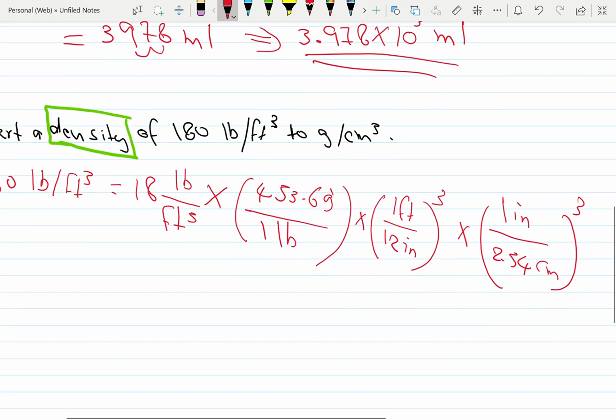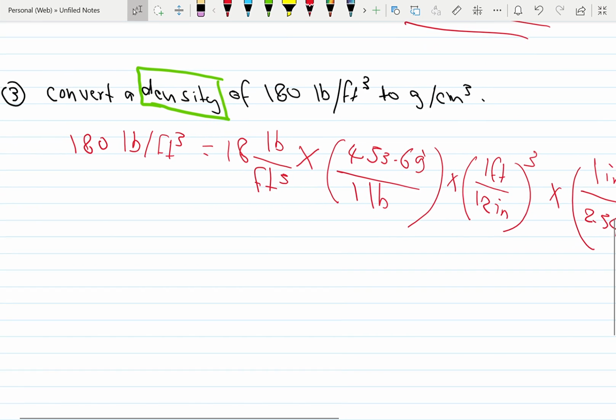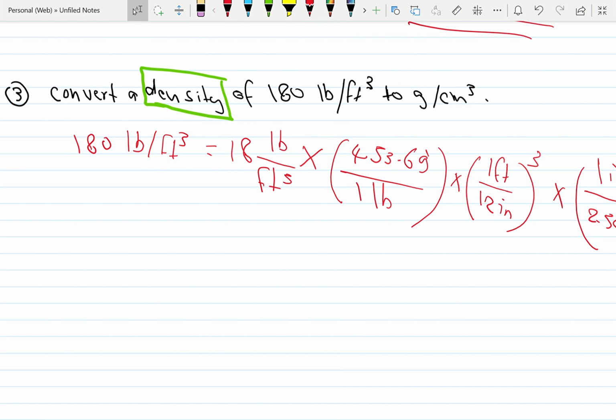Okay, so second step, what we do, that is equal, we need to cancel. Okay, but before we cancel, we'll put it in another step so it wouldn't be very confusing.